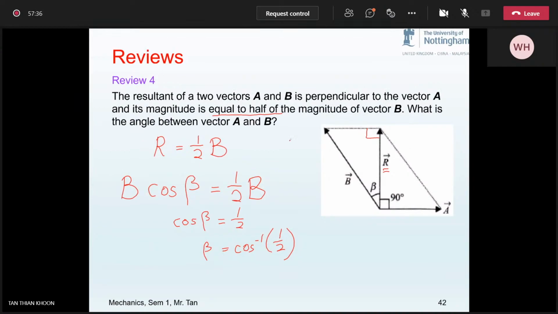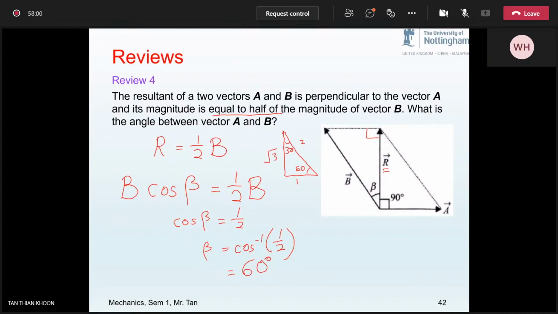Just now we learned about this 60, 30 triangle, 1, 2, and 3. So cos beta is half, which means beta is 60 degrees.